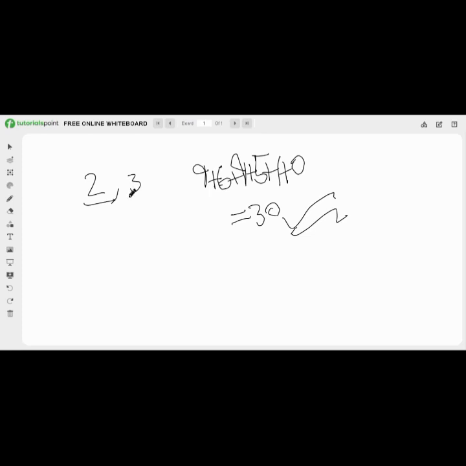So that means two check marks, and it's also a check mark for 6. So the number 9695110 is divisible by 6.